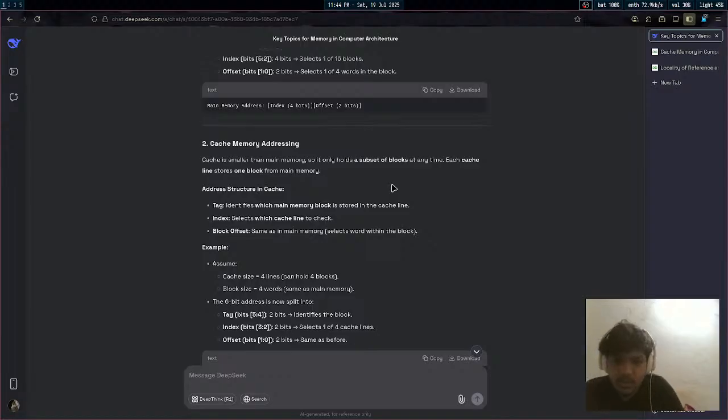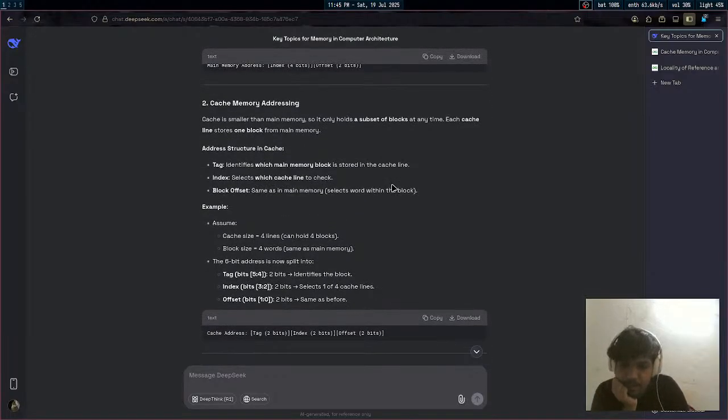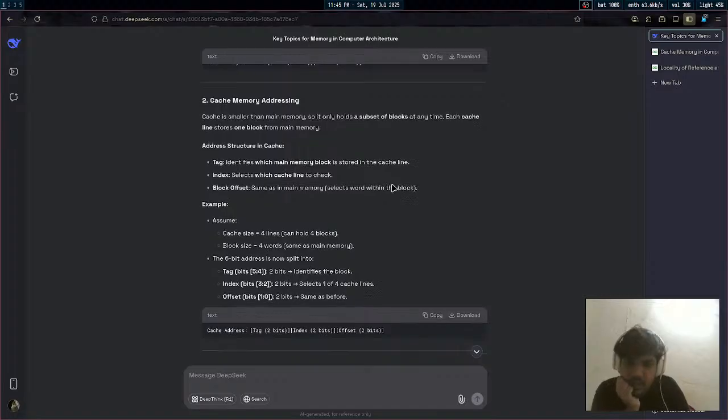Cache is smaller than main, so only holds subsets of blocks. Which main memory block is stored in cache line? Selects which cache line to check. Same as main memory. Tag, index, offset.